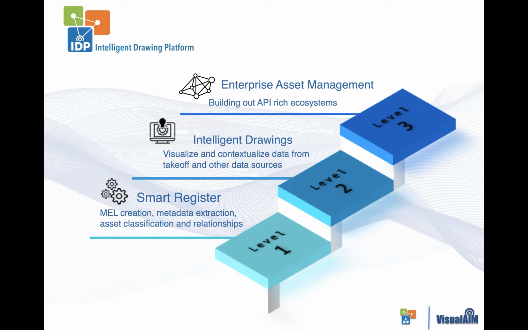That second level of visualizing and contextualizing data from the takeoff and other data sources means being able to, again, do something as simple as generating the inventories from it, but understanding if I had a product transfer as an example, and I had a certain line list and a source and a destination from that, being able to map that out and actually what we call distill it down into a single drawing.